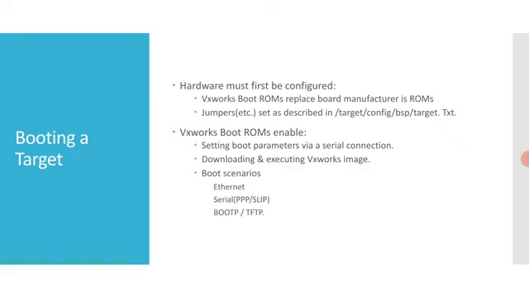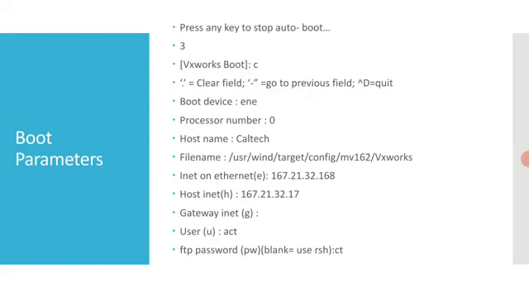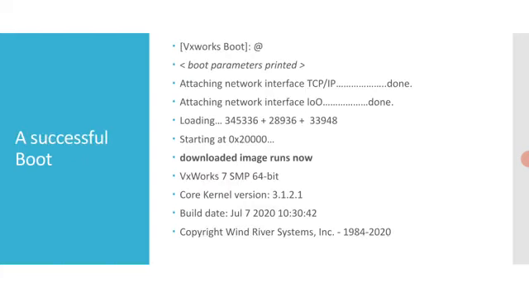So let's see some of the boot parameters. Let's go through this. Boot device, processor number, host name, Ethernet, host, INET, gateway. These are all parameters. On a successful boot, VxWorks will look like this.